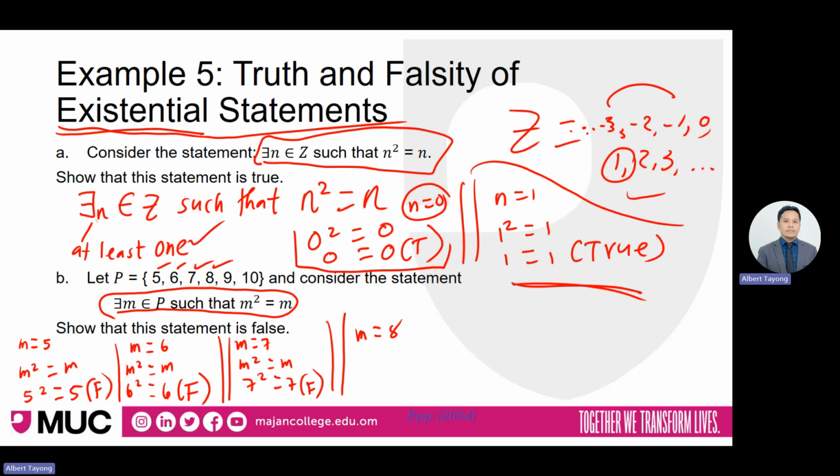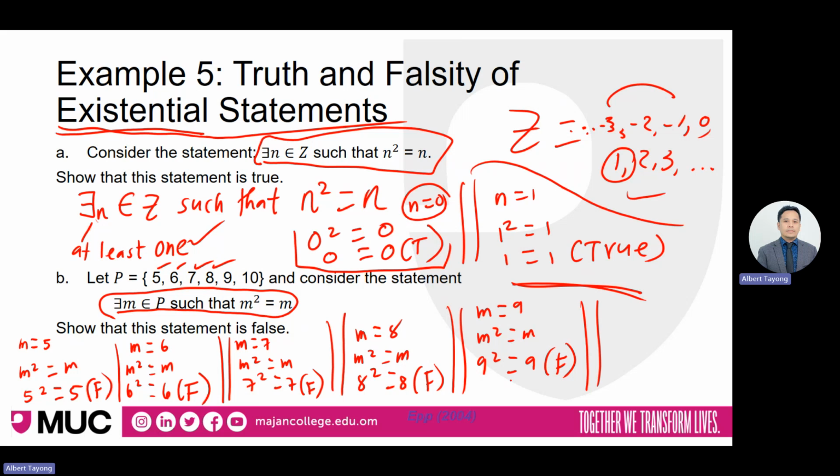M equals 8, 8 squared equals 8, which is false again. 64 is not equal to 8. 9 squared equals 9, again false. 81 is not equal to 9.